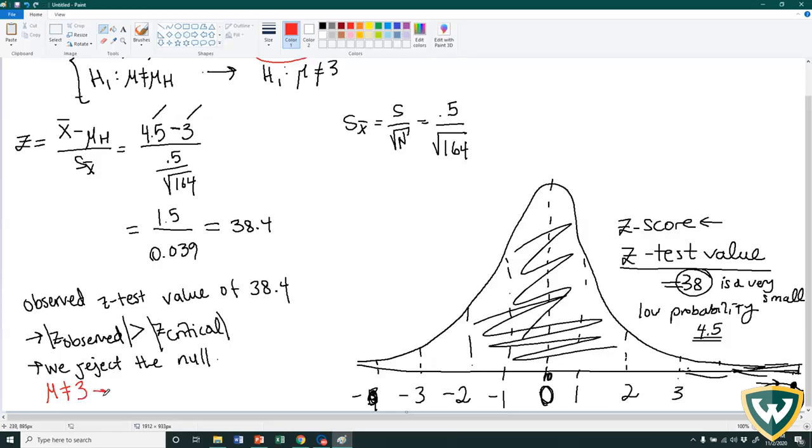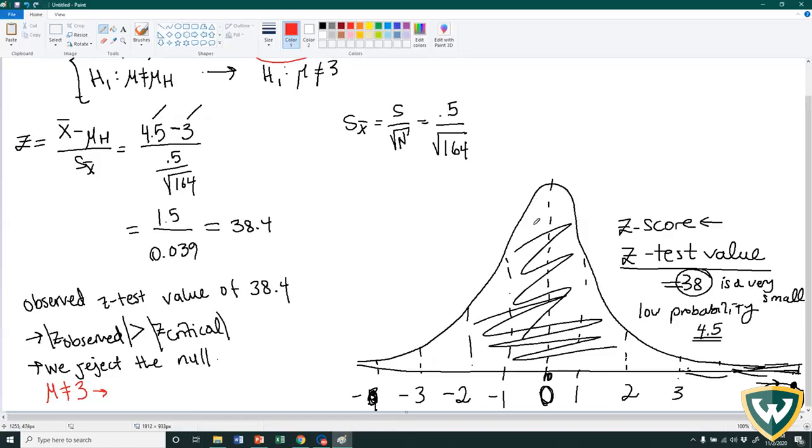And that means that the sample mean of 4.5 is statistically significantly different than the midpoint of the scale, than 3. We therefore infer about the population mean that the population mean is statistically significantly different than the midpoint of the scale. Well, therefore, we can say that people react statistically significantly different for red packages than neutral.